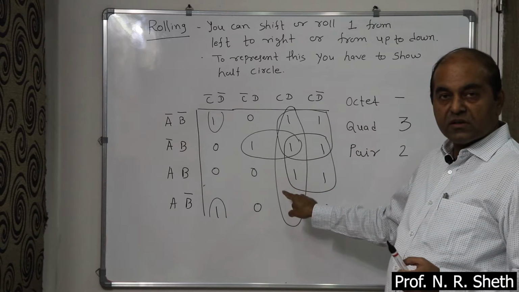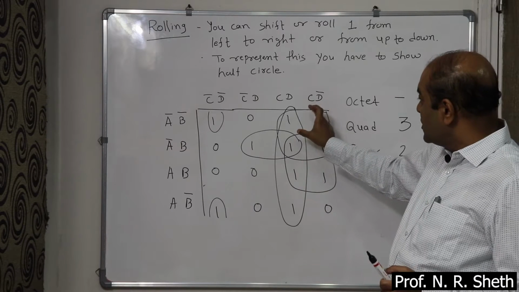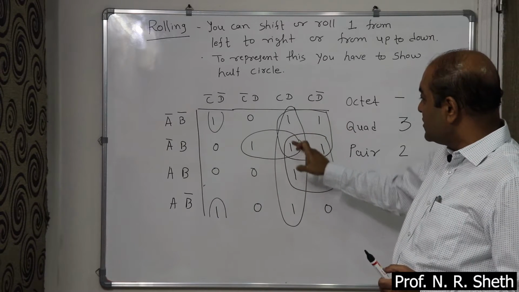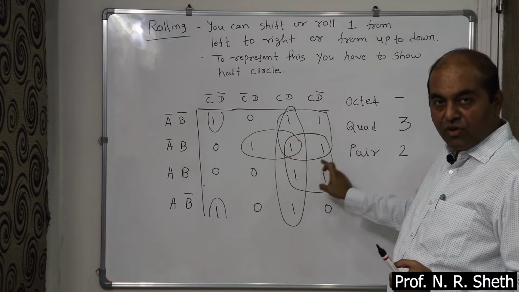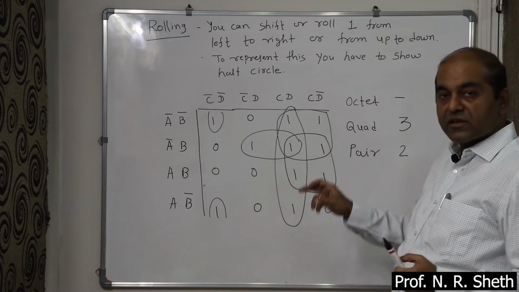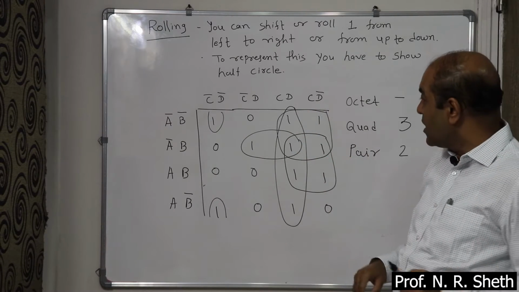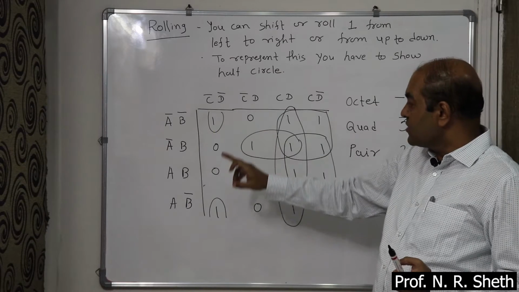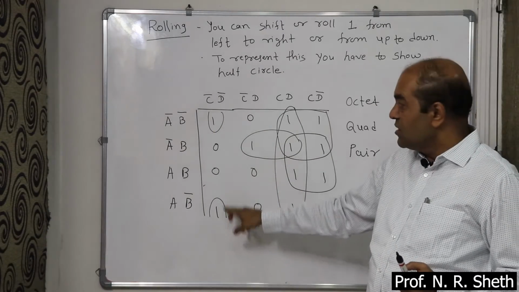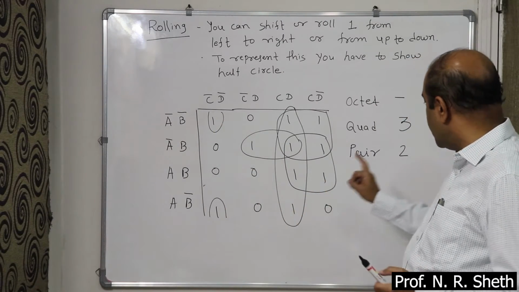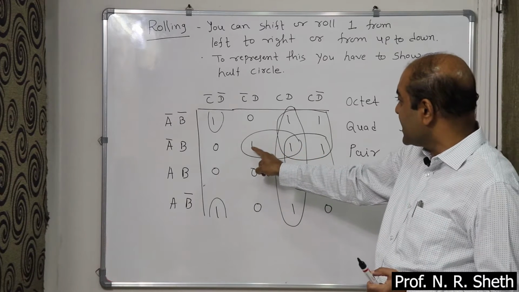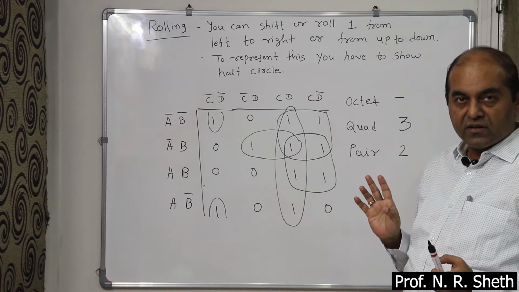Central figure number 2, this one by using the property of overlapping, that is number 3, and by using the property of rolling, you have a pair number 1 and the second pair is here.